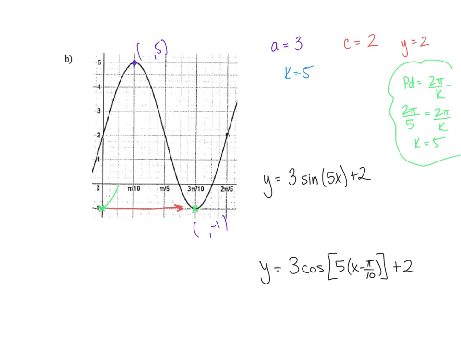So an alternate equation for cos could be a reflected cos, which means I start at my minimum. I'm still going to have the same horizontal stretch factor. But obviously this, what I have here in green, doesn't represent the function that we've been given. So I would have to move that function 3 pi by 10 to the right.